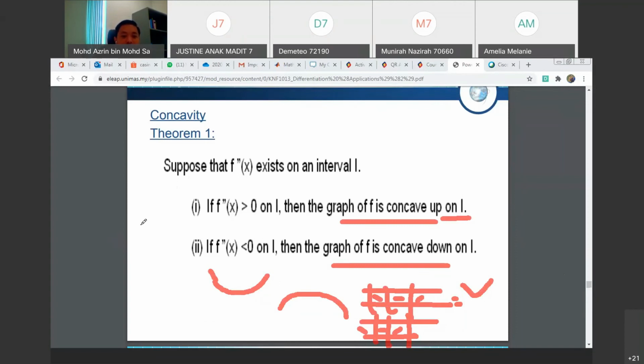Okay, ni yang dikatakan to find the concave up ataupun concave down. Tapi ni untuk second derivative.